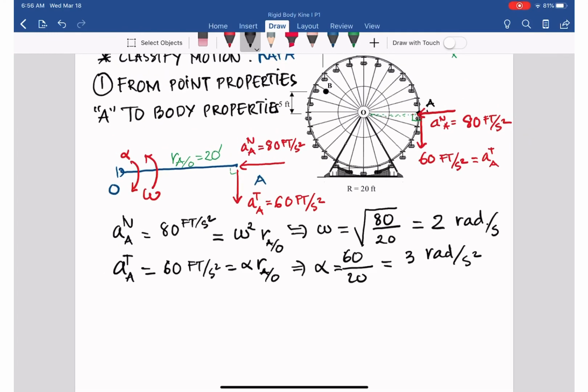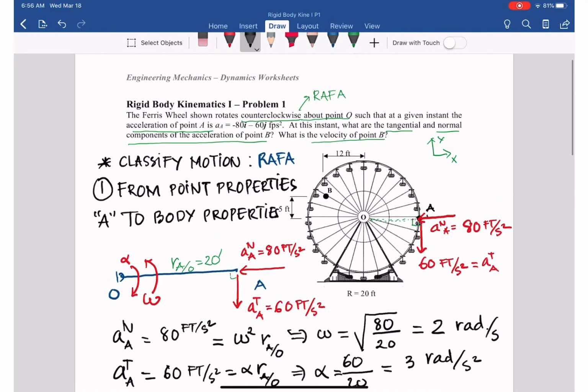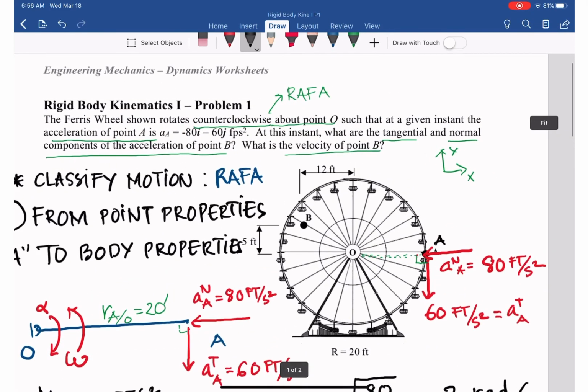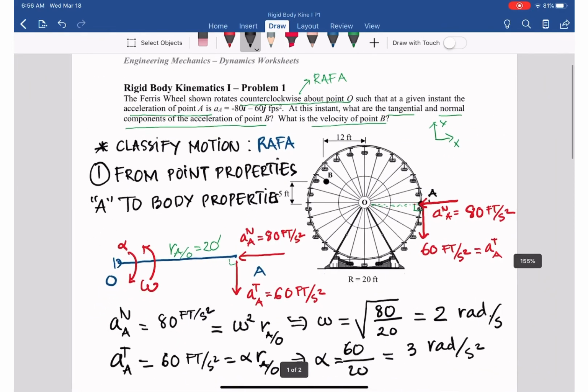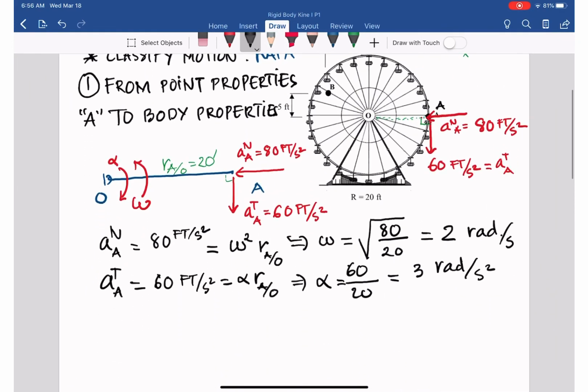So as you can see, they give us the point properties, and you have to find out the body property, even though the question doesn't ask. They ask for another point property, which is point B. But we need to find out the body property first. So after you have the body property, the next step will be point properties. So it is always body, point, body, point. Or if they give you point, then point, body, point, body. Keep that in mind.